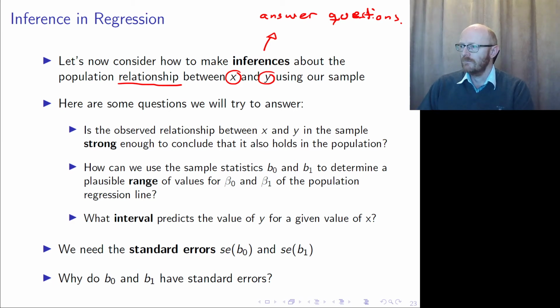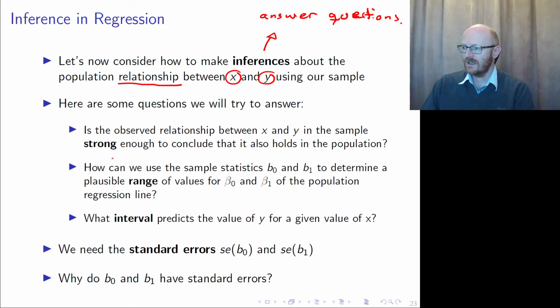Okay, because we want to make something useful by taking a sample and make inferences based on that. So, for example, is the observed relationship between x and y in the sample strong enough to conclude that it also holds in the population?